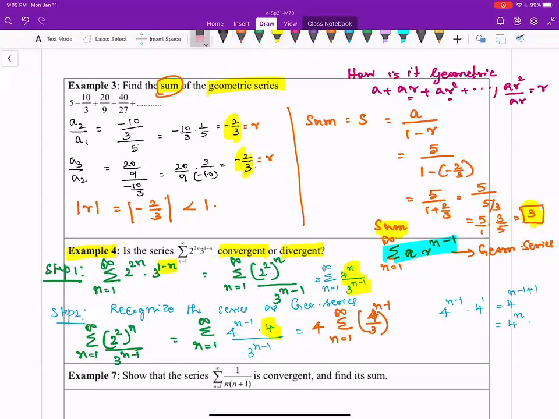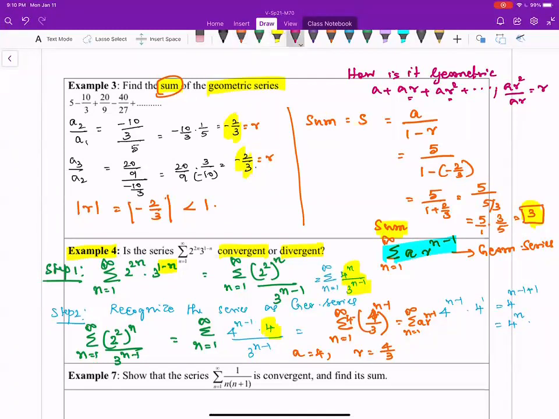Even if you keep this 4 inside, it's not going to hurt. So it is of the form sigma a r to the n minus 1. What is a? a equals 4 and r equals 4 by 3.